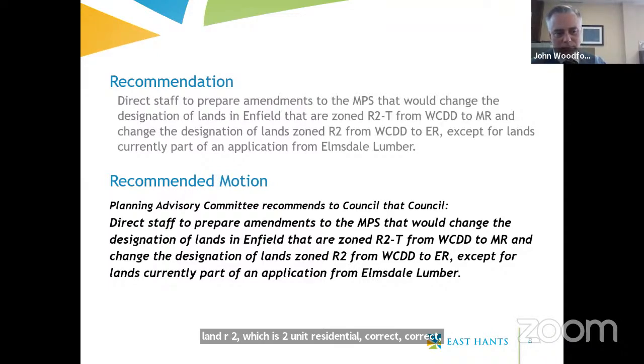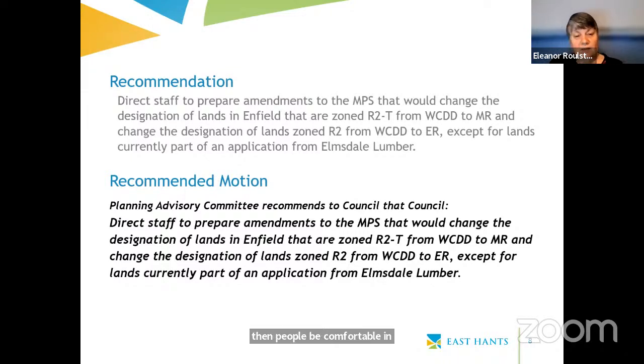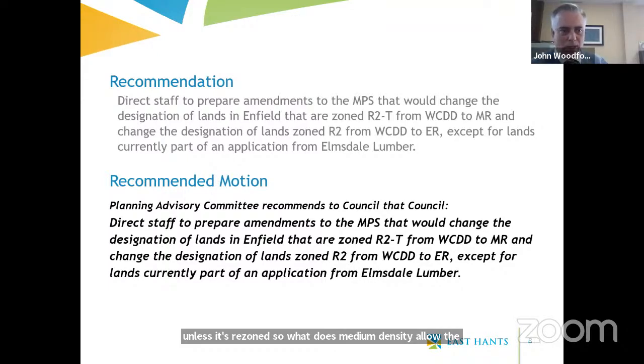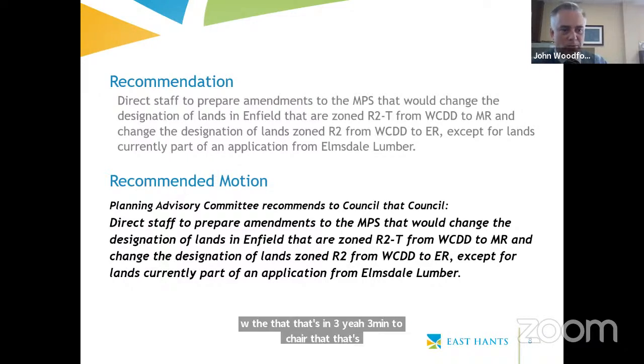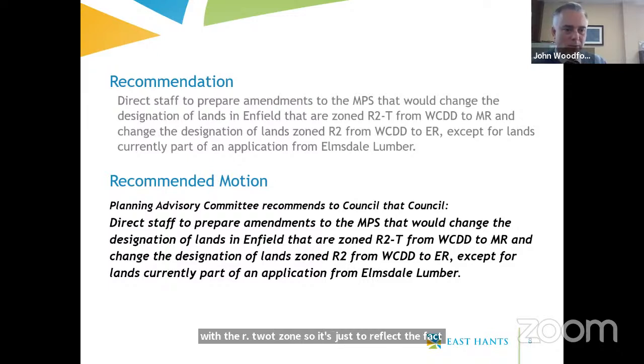Then people should be comfortable in the assumption that that's what's going to be developed unless it's rezoned. And what does medium density allow? Through you, Mr. Chair, that's the designation that generally goes with the R2T zone. So it's just to reflect the fact that that zone is already there. Then we would backfill with the MR designation.